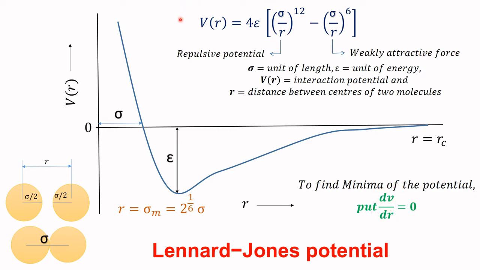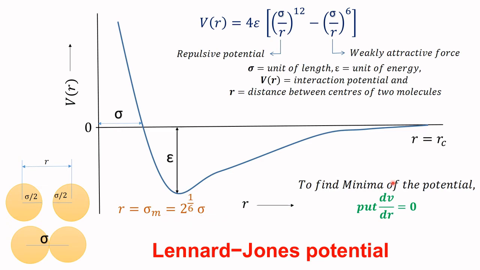It's a very simple derivative, not very complex. When you find the derivative with respect to r, you get r equal to 2 raised to power 1 by 6 into sigma. This is the distance between the two particles when they have minimum interaction potential, or minimum energy.